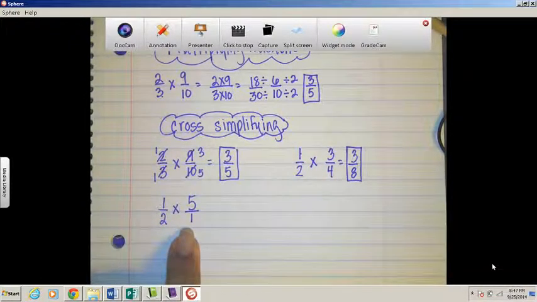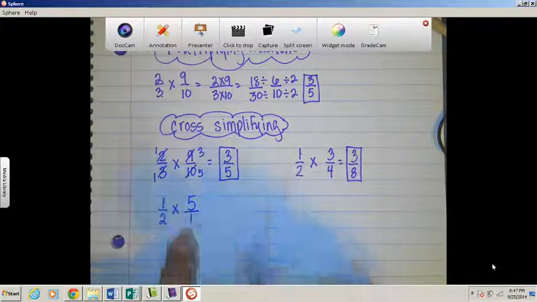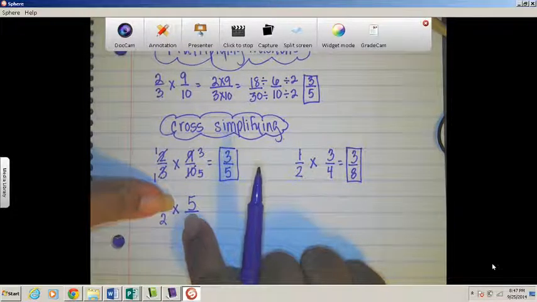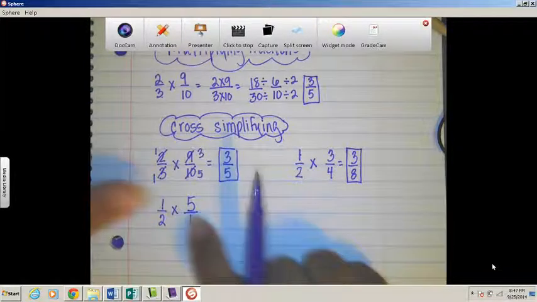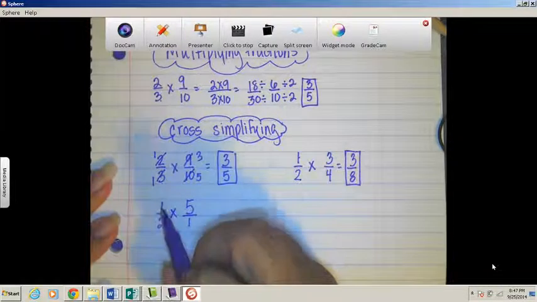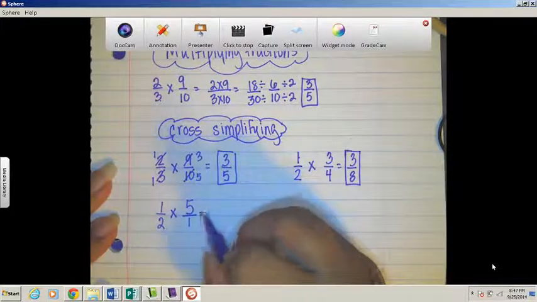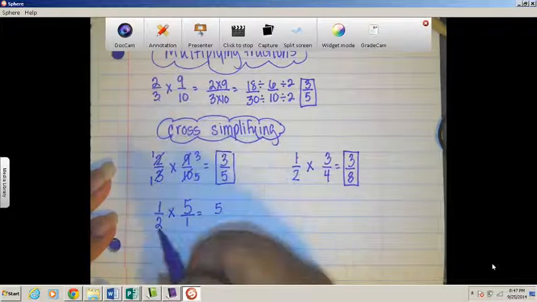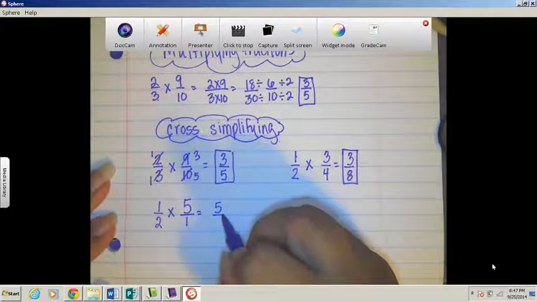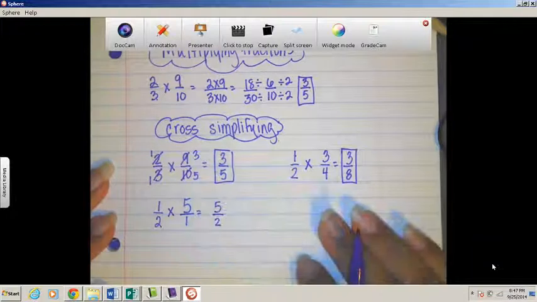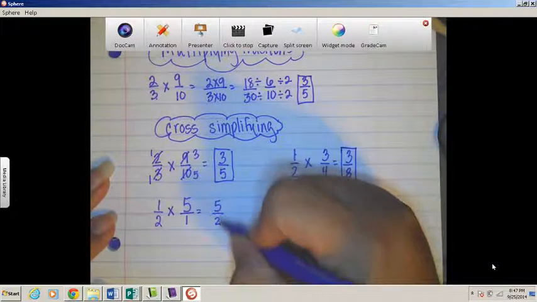Now I can multiply. I check to see if I can cross simplify. There is not a factor of 2 and 5 that would make those numbers any smaller. So 1 times 5 is 5. 2 times 1 is 2. This is an improper fraction.